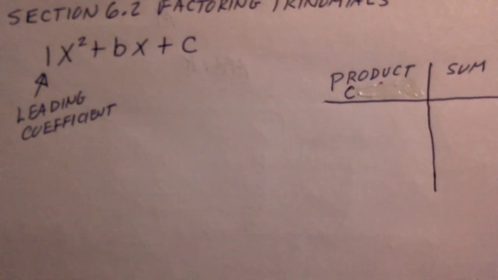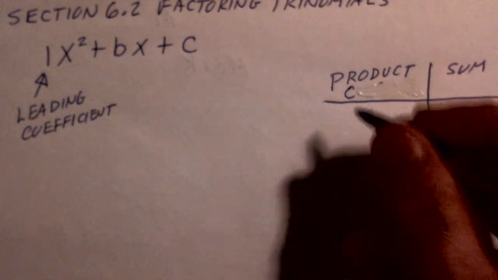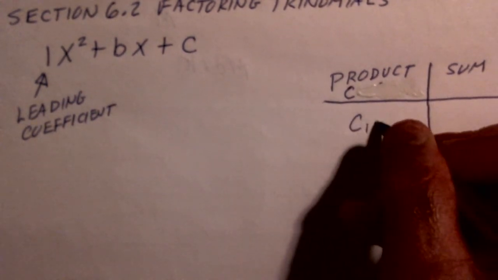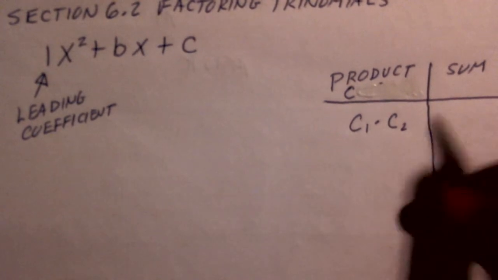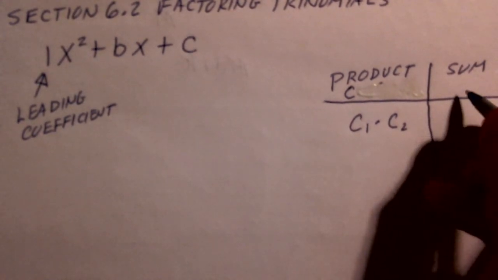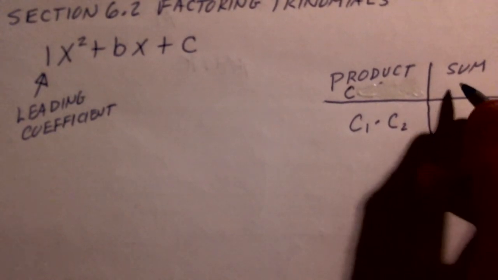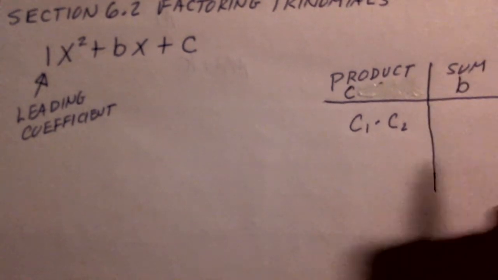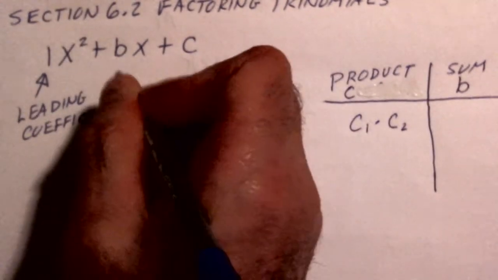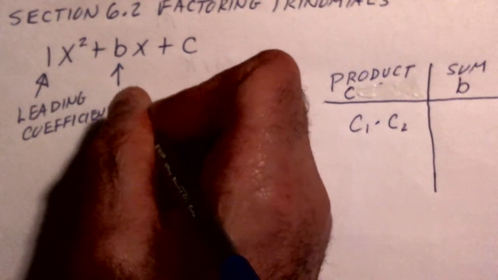And what we would do is put these factors down here that multiply together to give us C. And then these factors have to add up, or sum up, to our middle coefficient of B. B is called the middle coefficient of the trinomial.